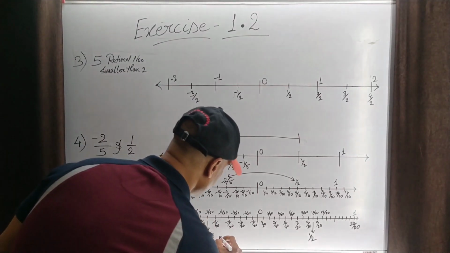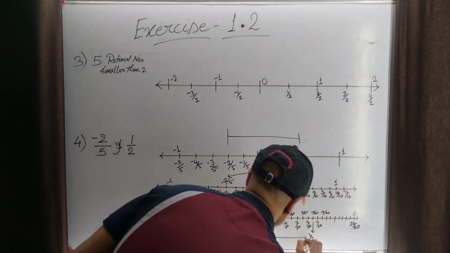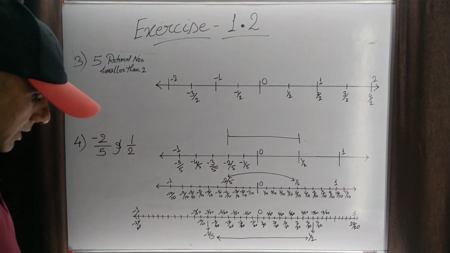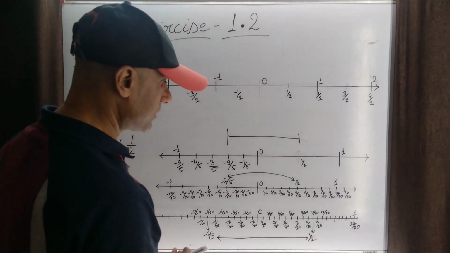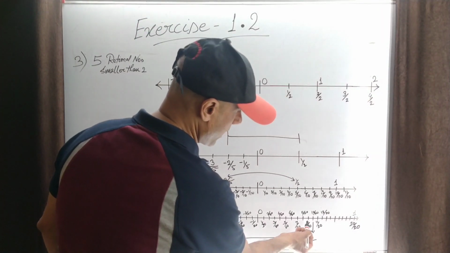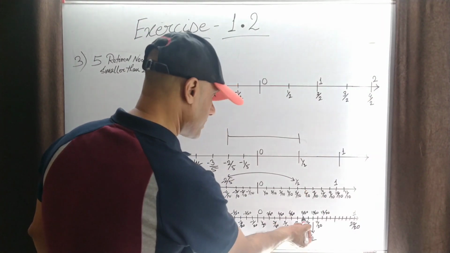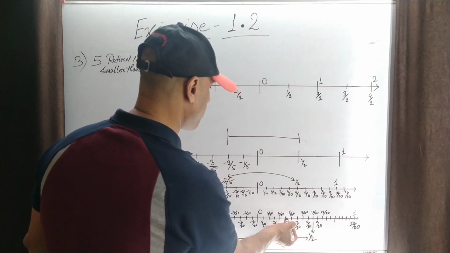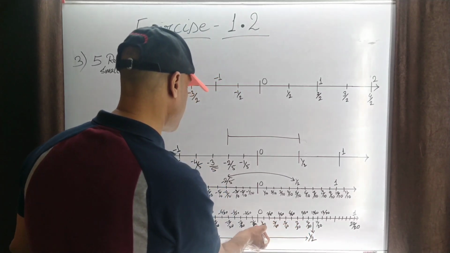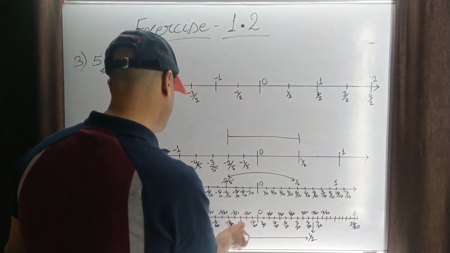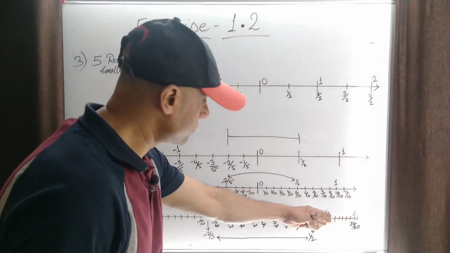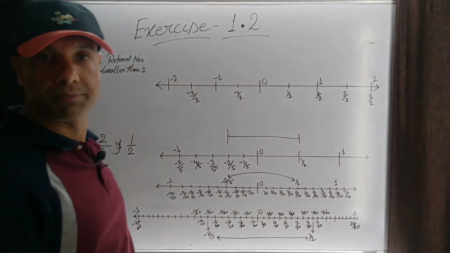As per our question, we need to find 10 rational numbers between these two. Let's count. We can take 9 by 20 as one rational number, then 8 by 20, 7 by 20, and so on: 1, 2, 3, ... up to 16. We have got 16 numbers. You can choose any 10 out of them.